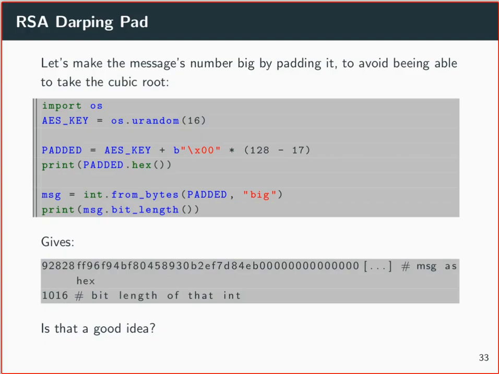So we take our AES key that we want to encrypt to send to our recipient, and we're just gonna append 0 bytes to the end, right? So now we have a message that is something like AES key and then 000.